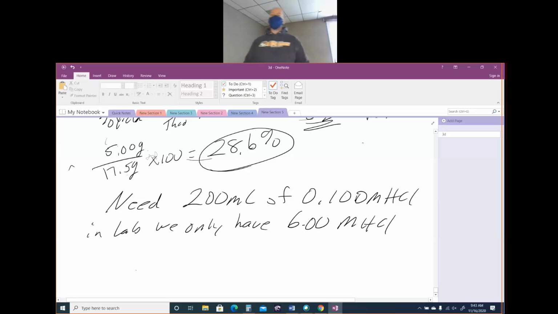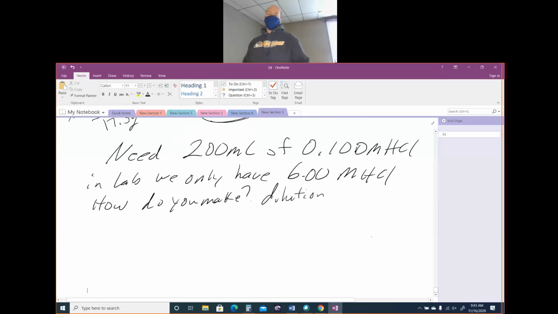All right, so this is a dilution problem. So how do you make your 200 mils of 0.1 molar? All right, so this is a dilution. We are going to add water to the HCl. We have to calculate how we're going to do that.